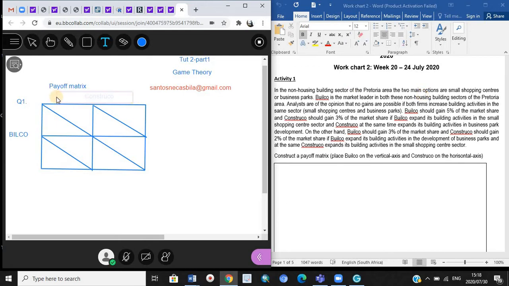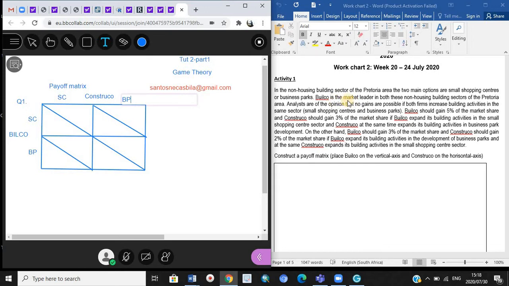So we'll say small centers and business park, here and also here, for both players.